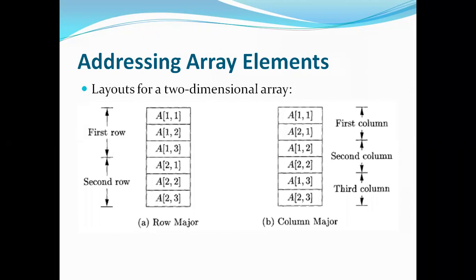There are two types of representations, one is row major and another is column major. And how to represent those, just by drawing these structures, we can lay out a two-dimensional array. Initially we need to define what an array is. An array is nothing but a collection of contiguous storage of elements.